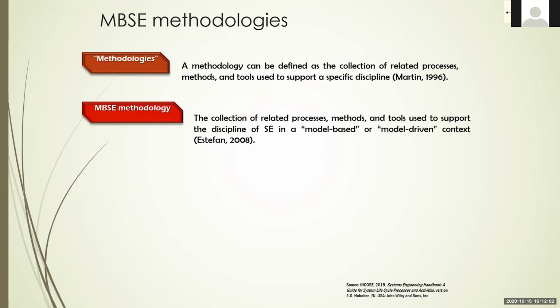Now, model-based system engineering is the collection of related processes, methods, and tools used to support the discipline of system engineering in a model-based or model-driven context. So that's the definition for model-based system engineering, okay?